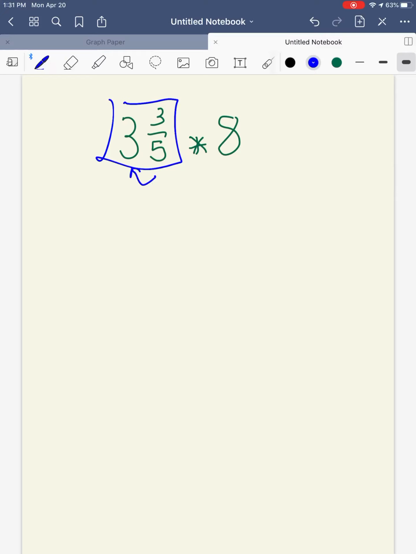So fifths is what we're thinking of, because that's what we have. So with 3 wholes would be 15 fifths. That's 3 times 5 plus the 3 that were already there. So that is 18 fifths times 8. And again, remember that 8 wholes is the fraction 8 over 1.